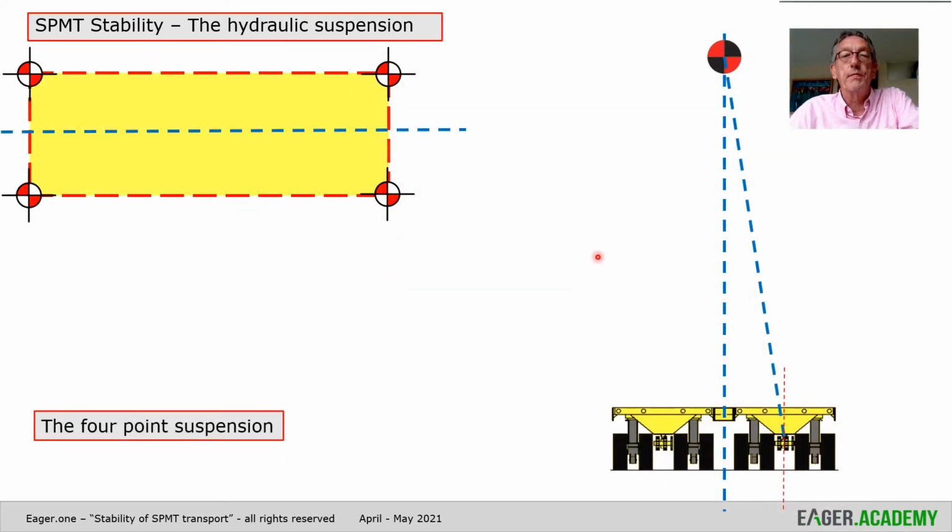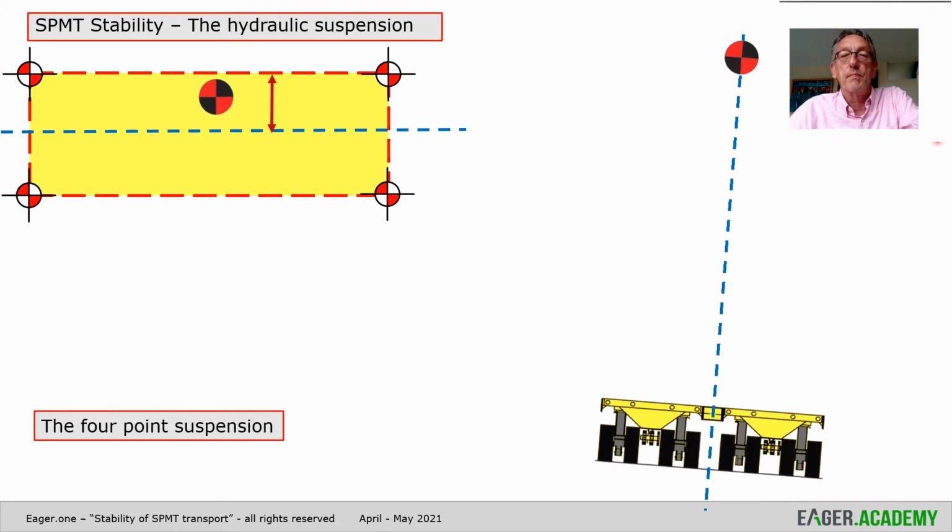Okay, what we see here is the 4-point suspension, but now in front view as well, with the center of gravity of the load at this position. With the distance from the center of gravity towards one of the tilting lines and the height of the center of gravity, we can define the maximum allowable tilting angle for this system.